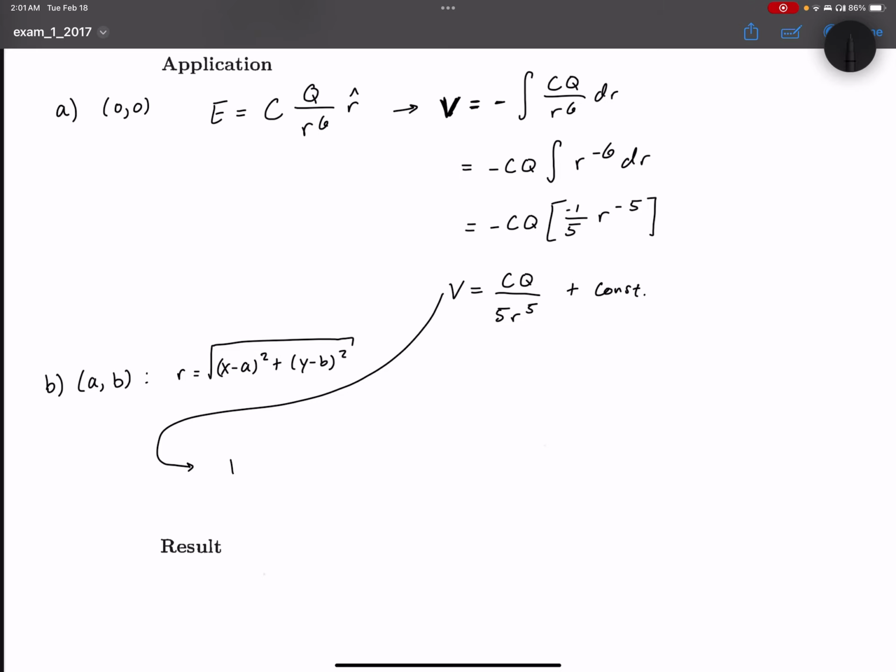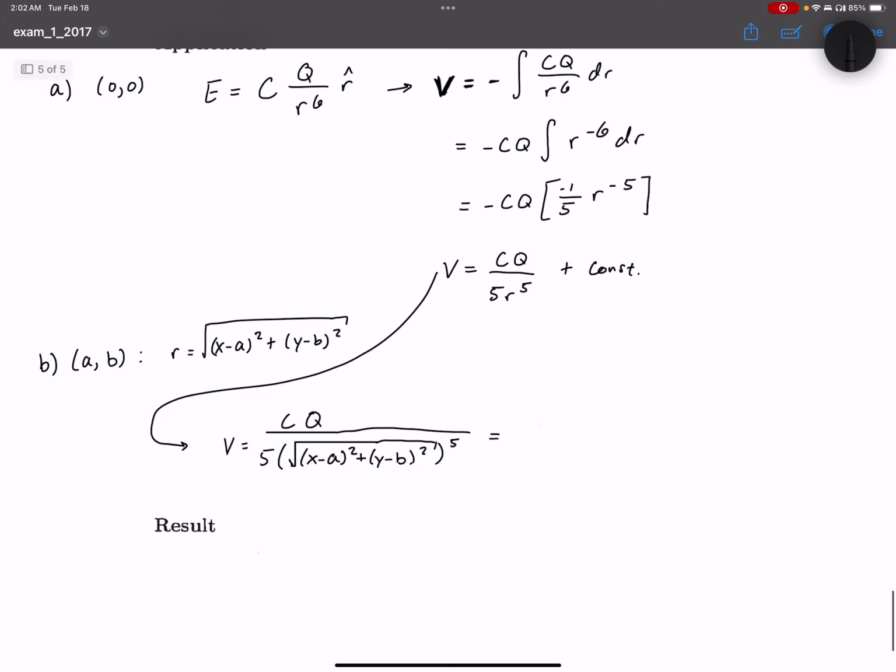So we've got v equals CQ over 5 times the square root of x minus a squared plus y minus b quantity squared, I should say, to the 5th power.